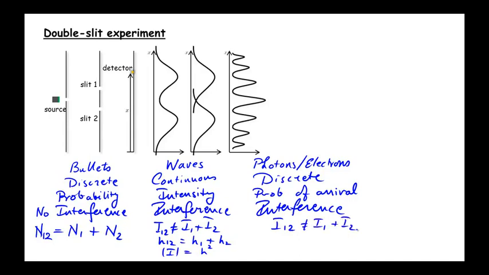The probabilities did not add. But then we came up with this notion of an amplitude, which is just some invented notion, and said A12 is equal to A1 plus A2, and that the intensity or the probability is just the square of A. And I actually put the square inside absolute values because, in fact, the amplitude can also be a complex number, not just positive or negative.